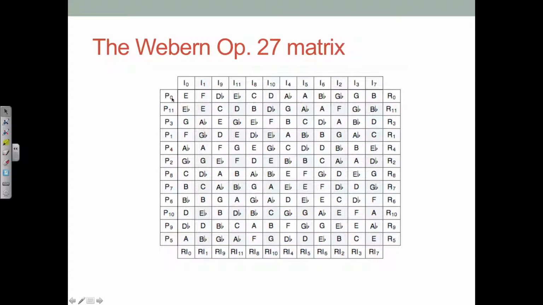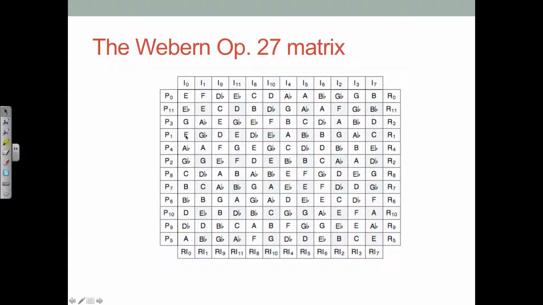I'm going to use our labeling system that says this is the original row, P0, meaning it's the original transposition, whereas the first transposition, up a semitone, would be here. I found that because I look for a semitone above F, which is F sharp, and then I label this P1. You'll notice that this row here is exactly one semitone higher than our prime row.